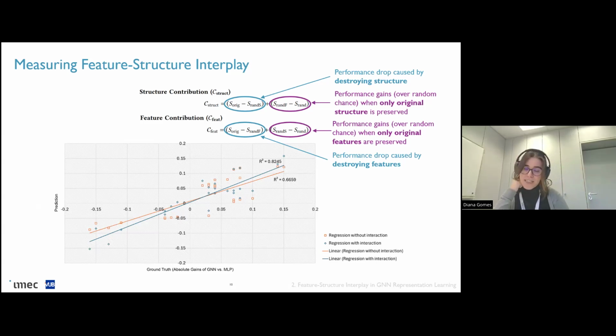So we ran just a simple regression analysis, and we identified that these metrics can actually be a good predictor of the advantage of using a GNN versus just an MLP, especially if we consider them with an interaction coefficient. So not just if we think about them as additive, but if we consider that they actually interact with each other.